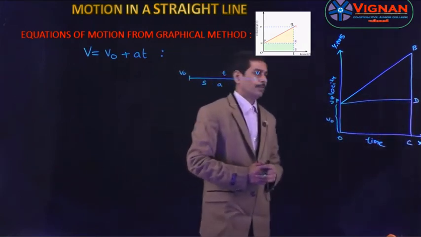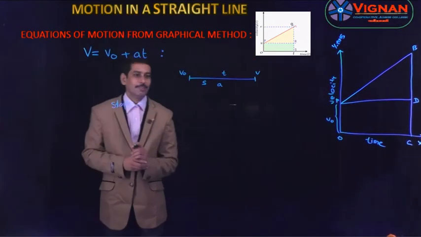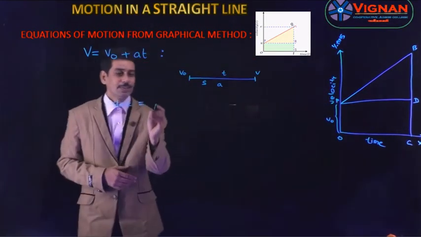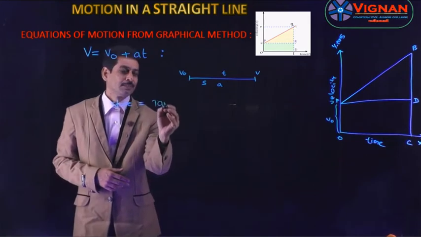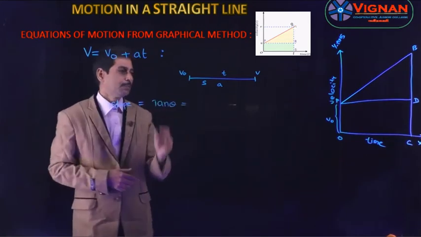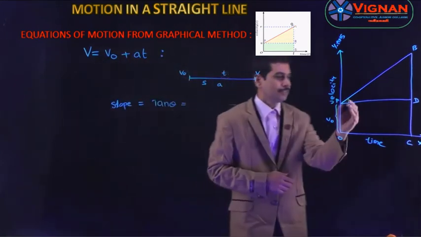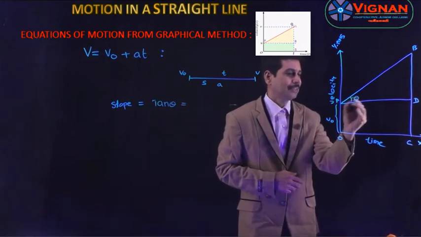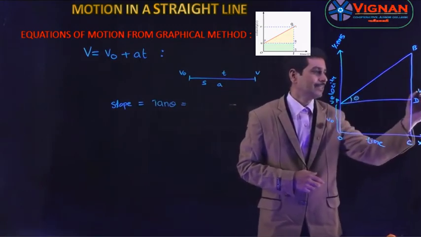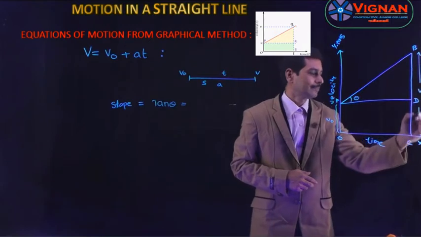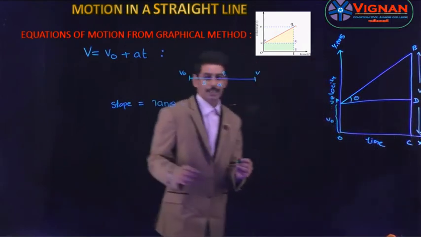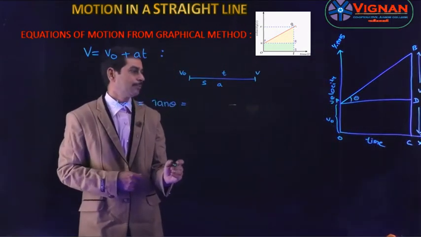Now we have to find the slope of the graph. Slope is tan theta, which is opposite side by adjacent side. If we consider this as the angle theta, and the final velocity is V, then tan theta is opposite side by adjacent side.